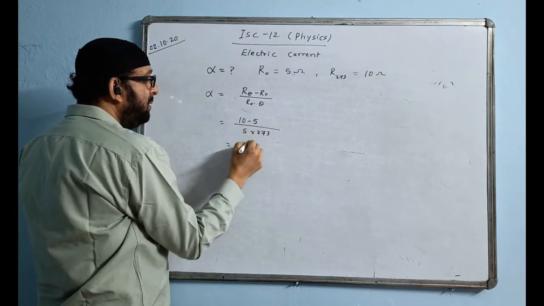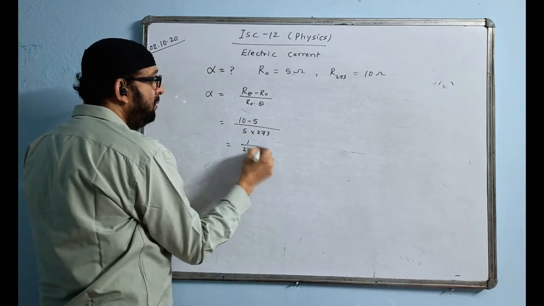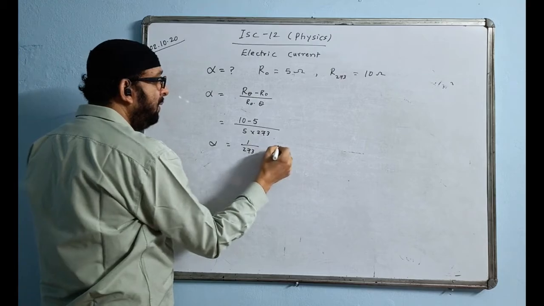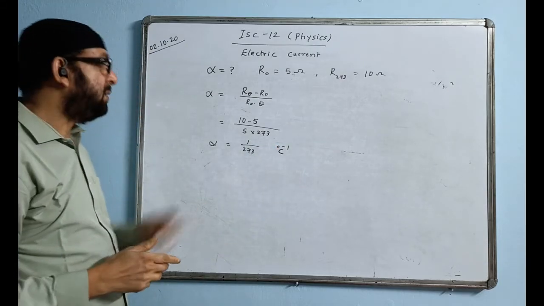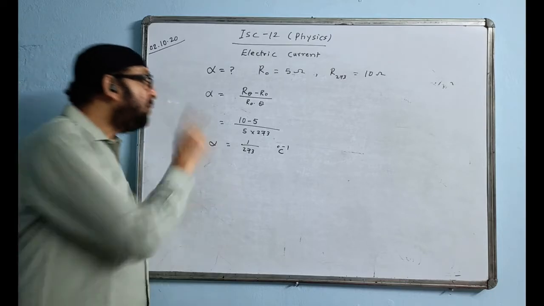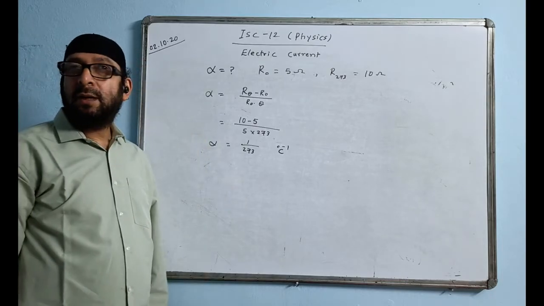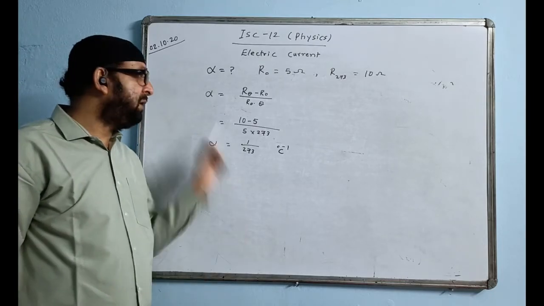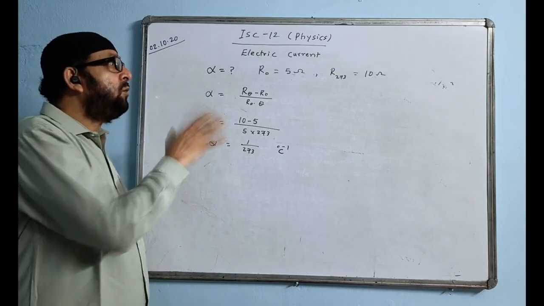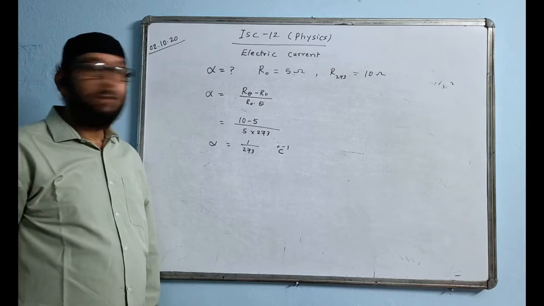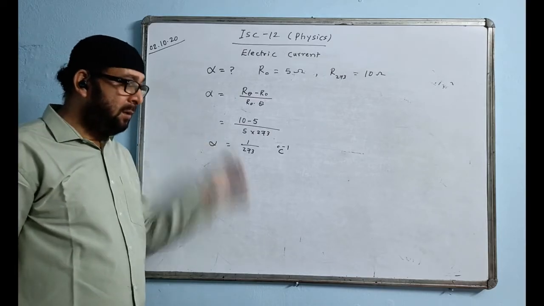The 5 cancels, you get 1 by 273. Unit of alpha you can give per degree Celsius or per Kelvin. So this is the solution. This is also an ISC question, they had asked in the year 2016, I suppose. So this type of question is simple, but formula based from this chapter.